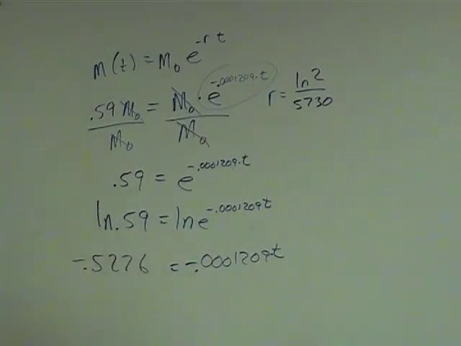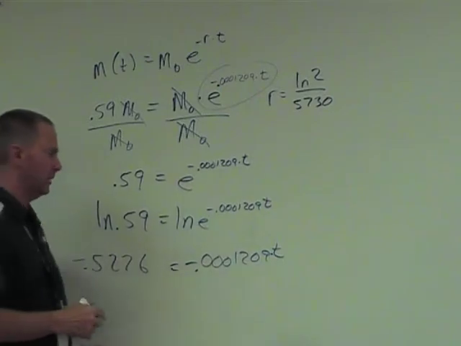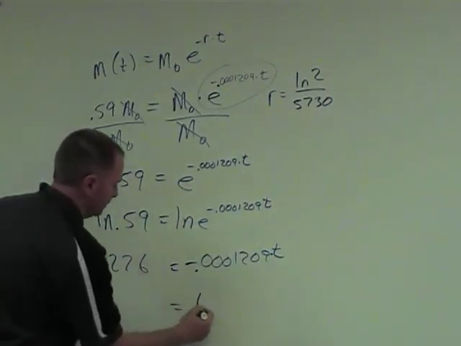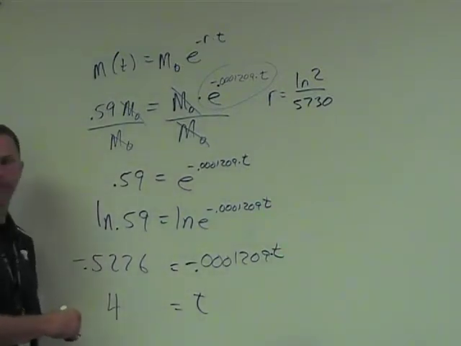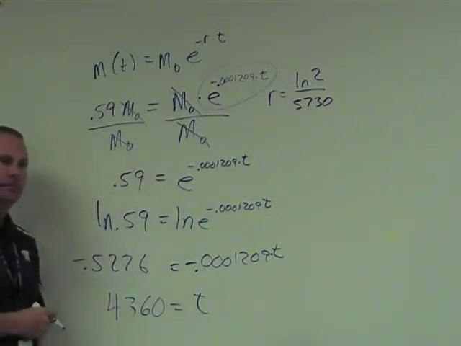Now it's algebra. How do I solve that problem? How do I get t by itself? Divide. So divide this negative number by that negative number, you'll get a positive number. 4,360.